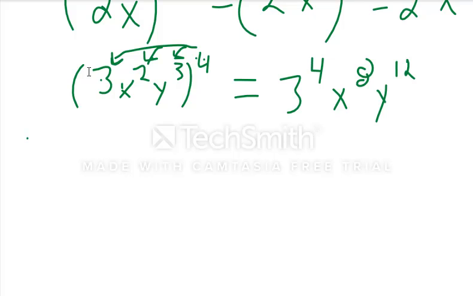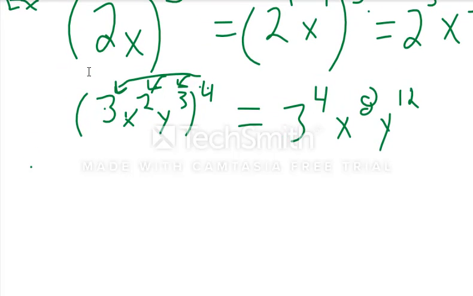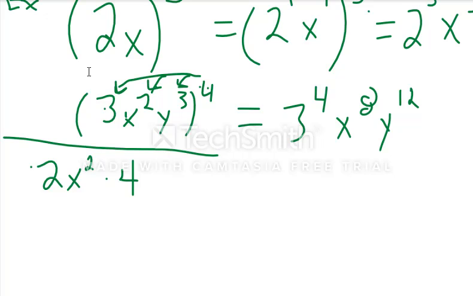If we take 2x squared and we multiply that by 4x to the 3rd, there are no parentheses, so there's nothing that we need to distribute. This is multiplication, so we would multiply the coefficients and add the exponents.